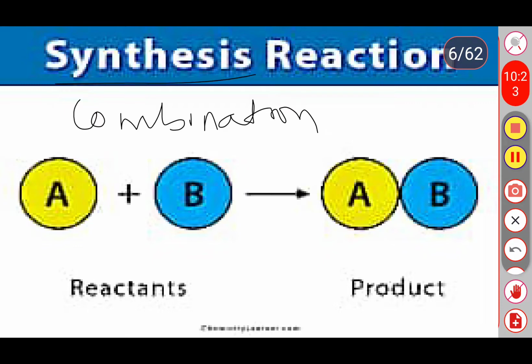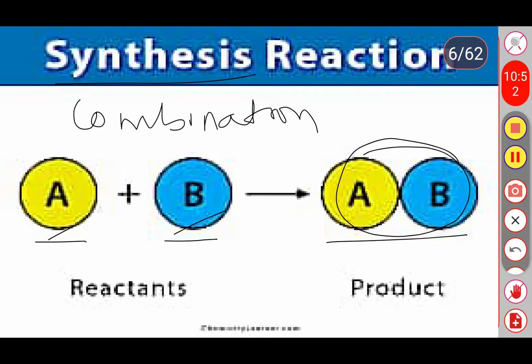A plus B combine together and form AB as a new product. So this is the general form. It means two or more substances combine together to produce a single compound, and this is known as a combination reaction or synthesis reaction.